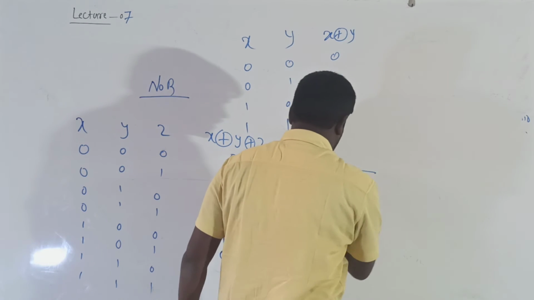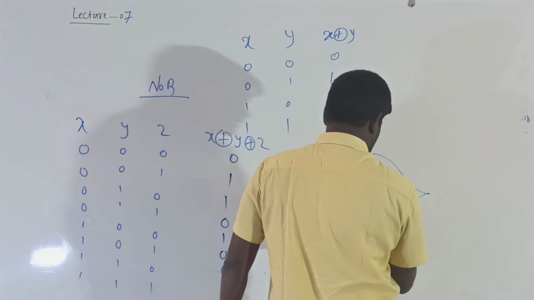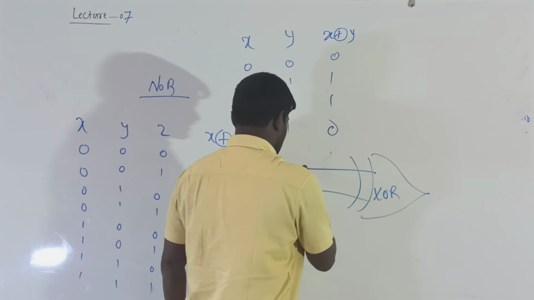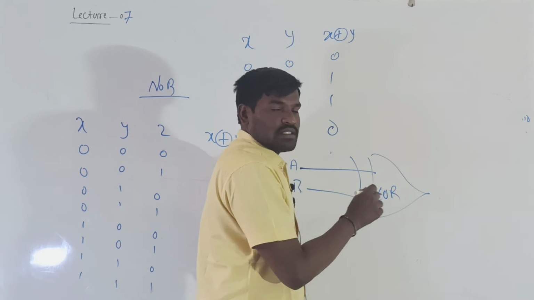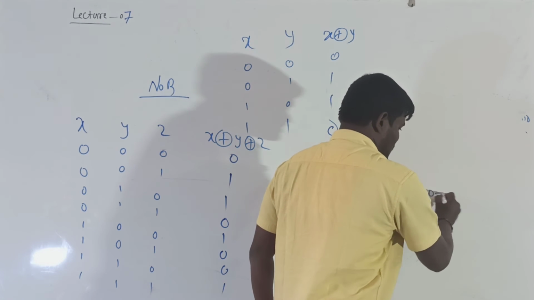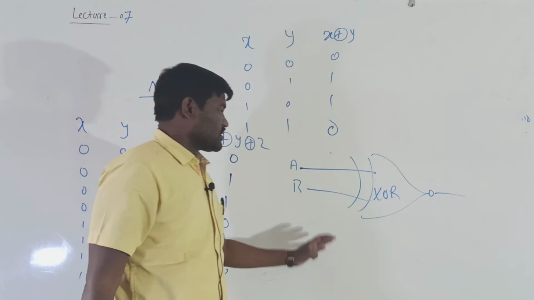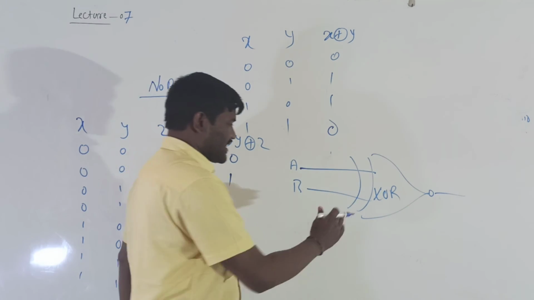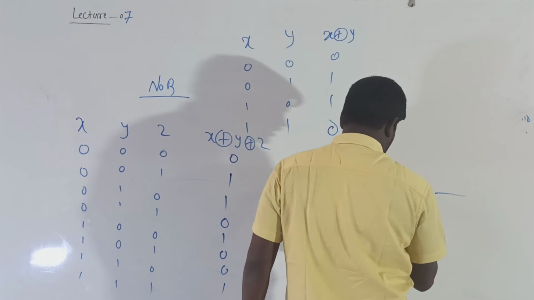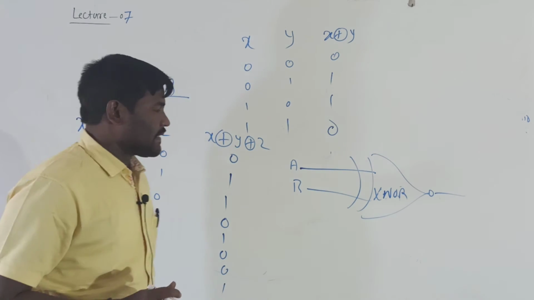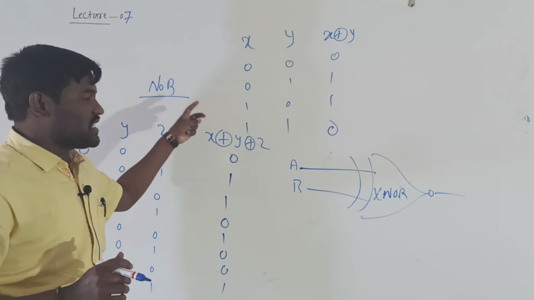First we can draw the XOR gate. Next we can apply the NOT gate. Otherwise you can put one circle here. So this is the XNOR gate, exclusive NOT of OR gate, and the result is the complement of the XOR.